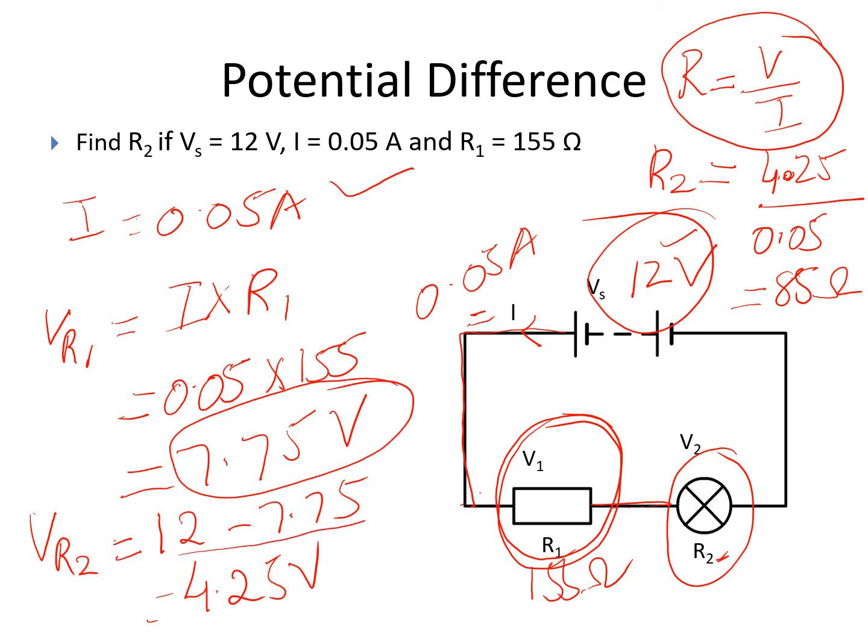And since I had the main voltage and I know that voltage is shared, I took away whatever came across R1, and the remainder comes across R2. So now I have the voltage and the current, and using that I have figured out the resistance.